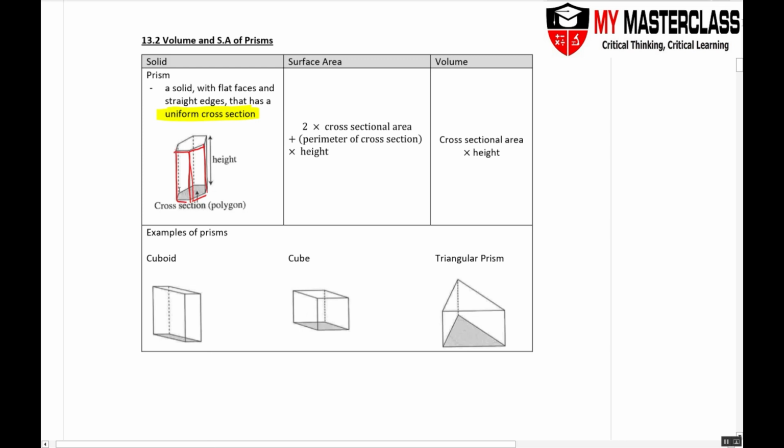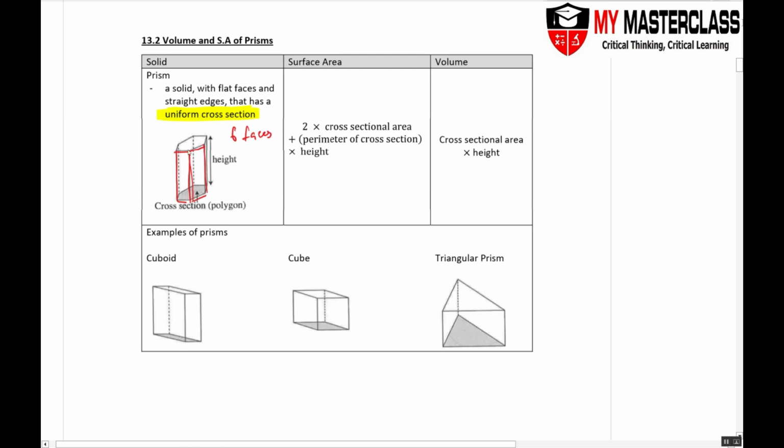The one at the side here is a bit small. 4, 5, and 6. So 6 faces in total, but all of these 6 faces are equal because this is a regular polygon, which means all of the sides are of equal length.